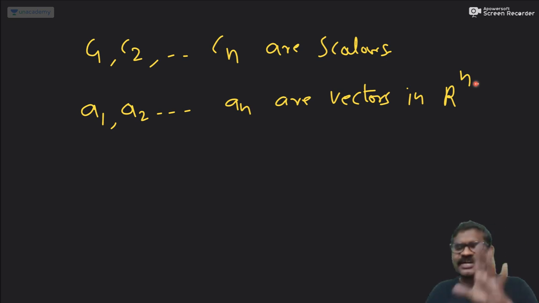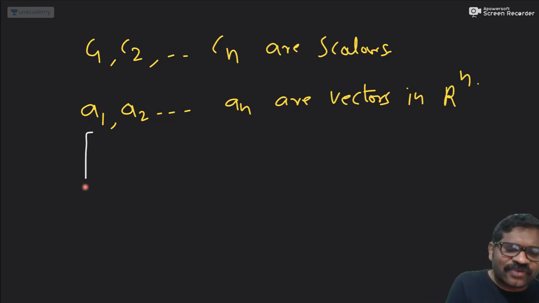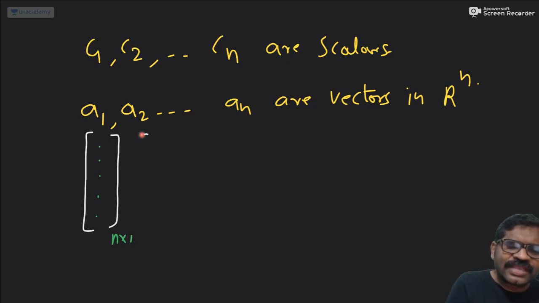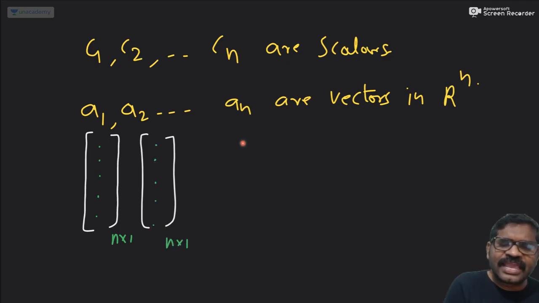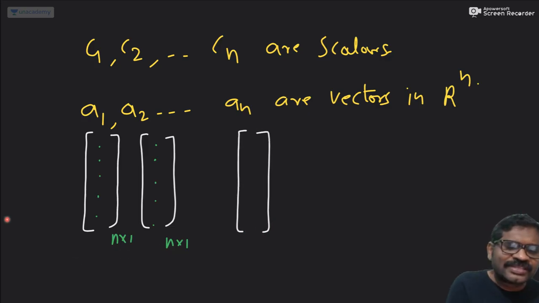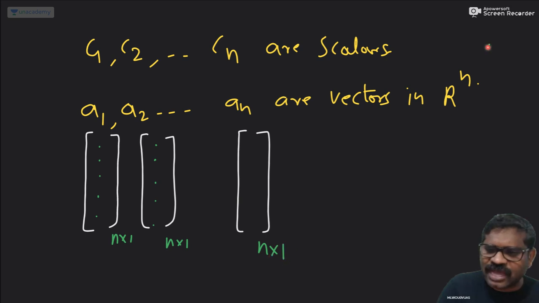You have to understand, R power n means n-dimensional vectors. A1 is in the form of n cross 1. A2 is an n cross 1 vector. An is also an n cross 1 vector. Sir, how do you know that? With this R power n, you can estimate.